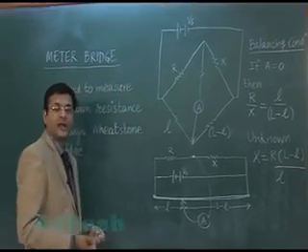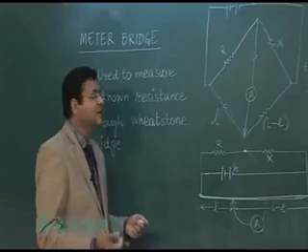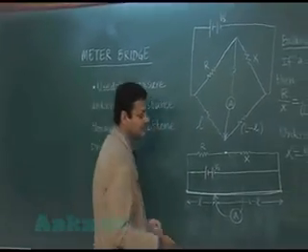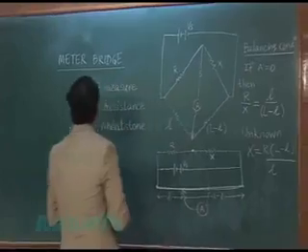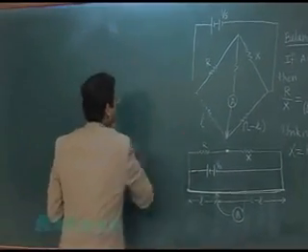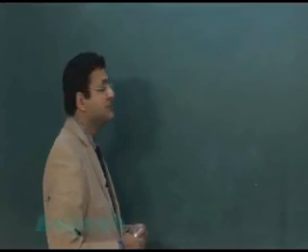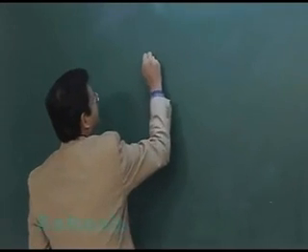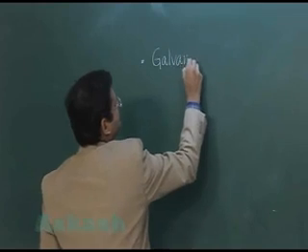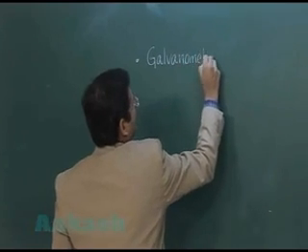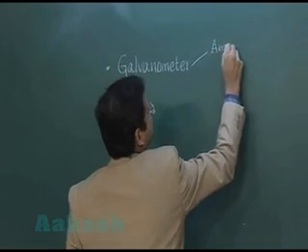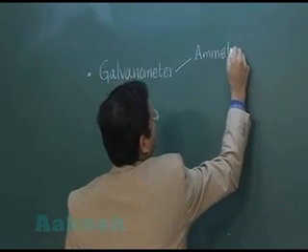Now, before I go ahead, let me summarize what we discussed in this class. In this lecture, first we said that galvanometer is the main device which is converted into ammeter or voltmeter.